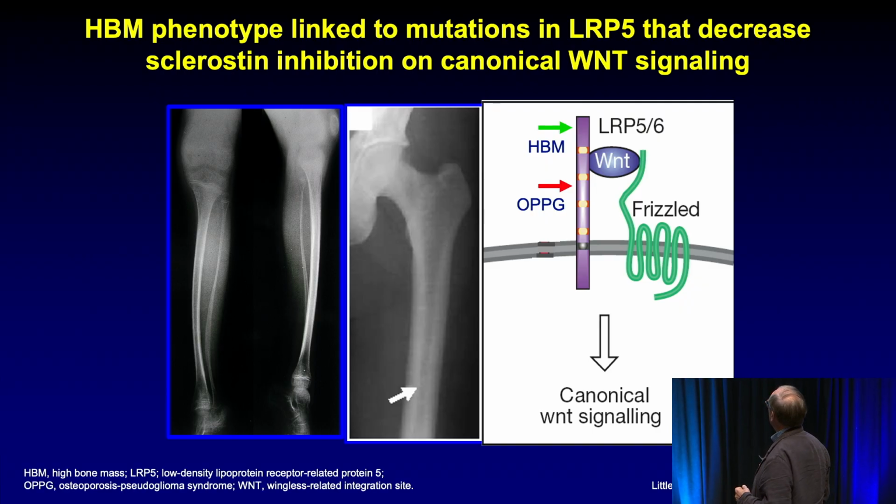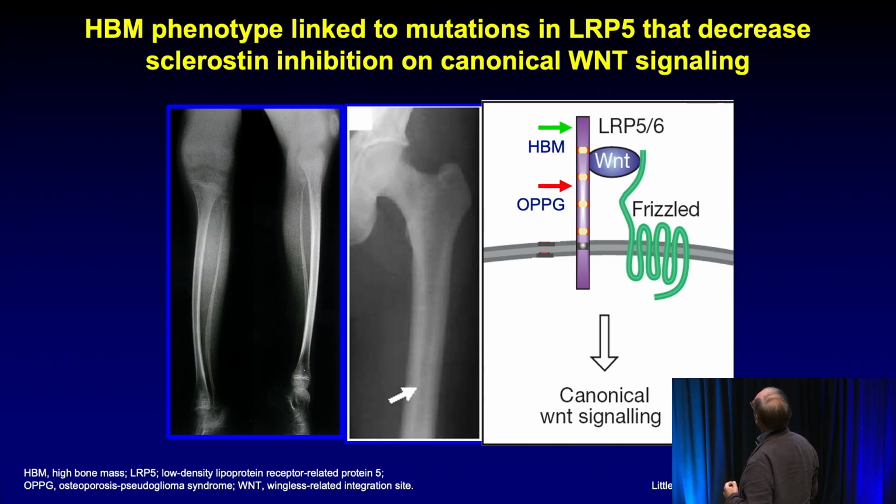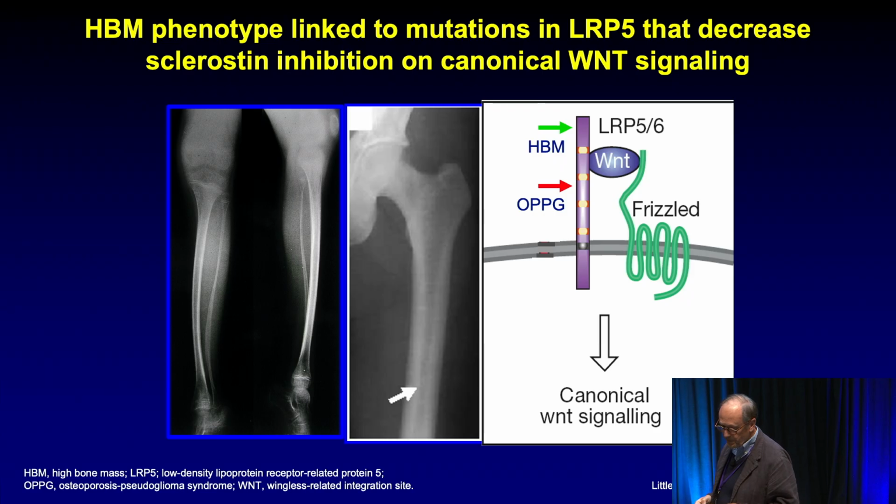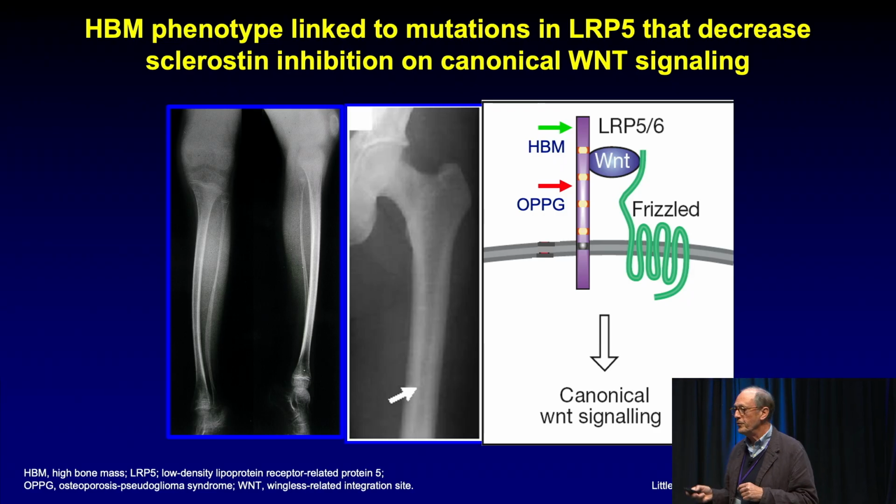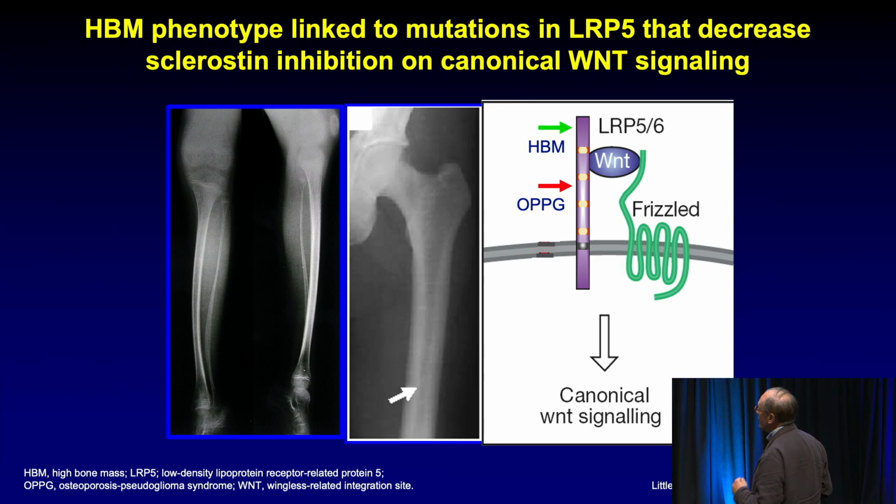And it turned out, and unbelievably, it's very rare, that the osteoporosis phenotype was a null mutation of this receptor, LRP5, when the high bone mass family was a single mutation in the same receptor.